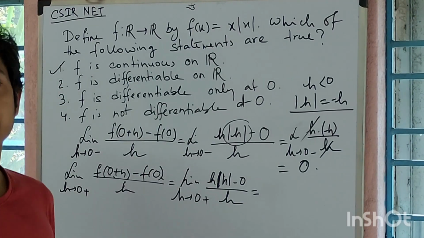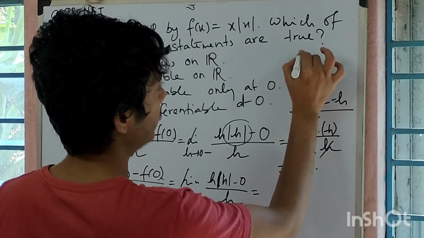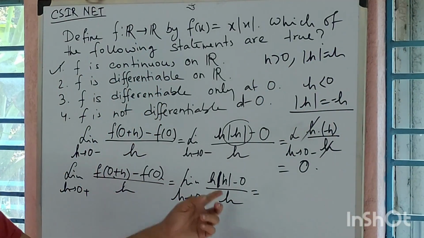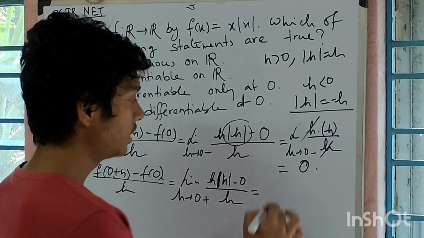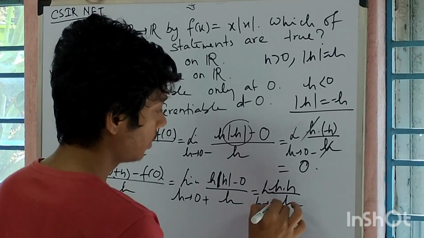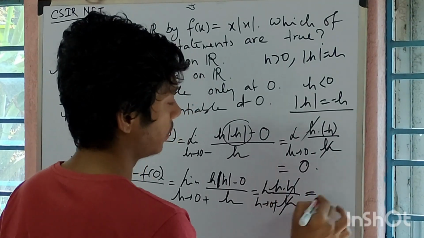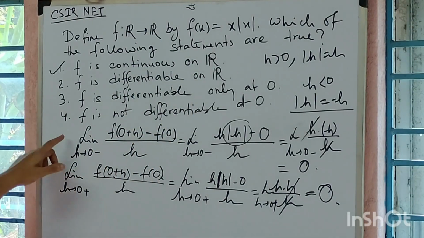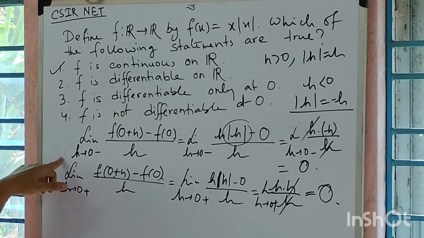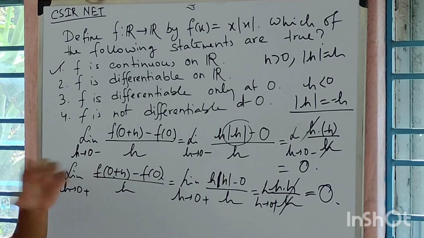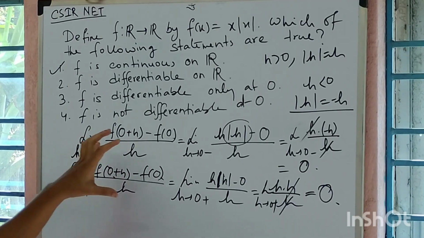Since h is greater than 0, |h| = h. So I will just replace |h| by h. It will be h times h by h, limit as h tends to 0 plus. The h will vanish, and I put 0 in place of h, so it will be 0. So in both cases, the limit as h tends to 0 minus and the limit as h tends to 0 plus both exist, and both are the same. That's why its limit exists.